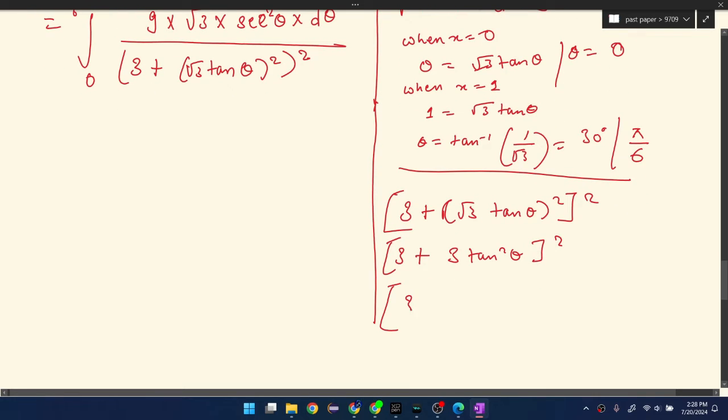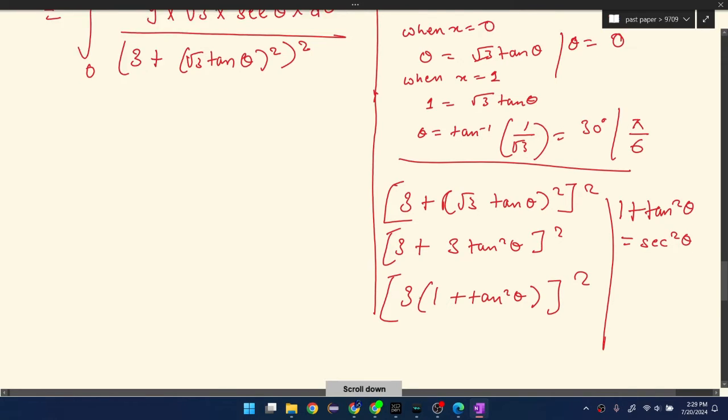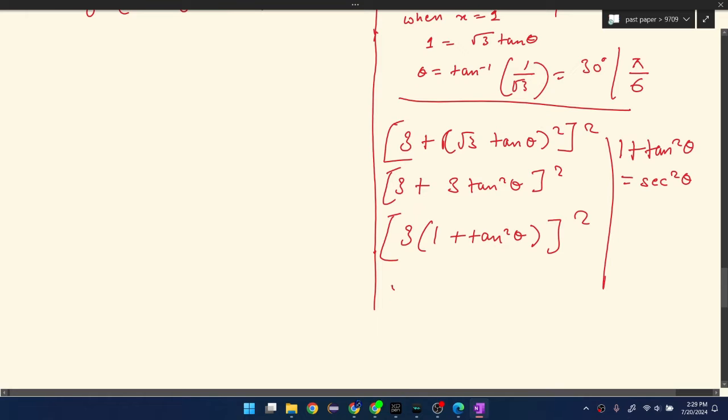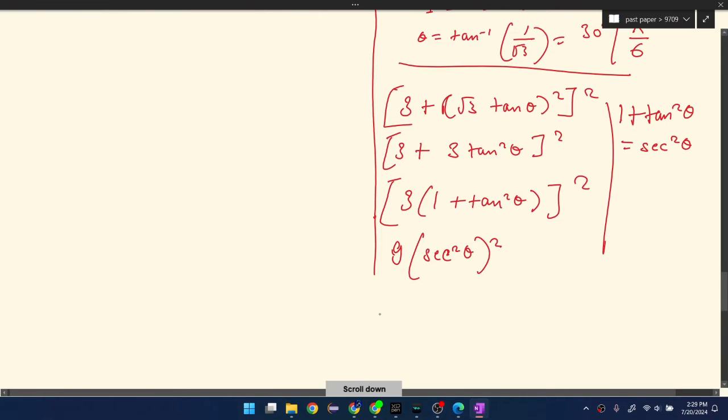Then if we take 3 common, we have (1 plus tan squared theta) whole squared. And we know, according to the trigonometric identity, that 1 plus tan squared theta is equal to sec squared theta. So now what we have here is 3 squared is 9, and sec squared theta whole squared. The final value is 9 sec to the power 4 theta.